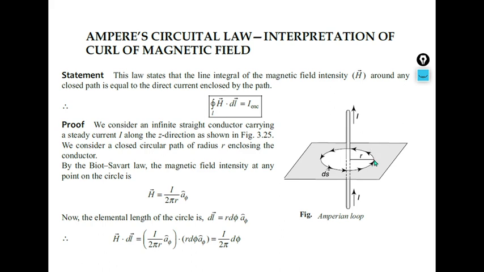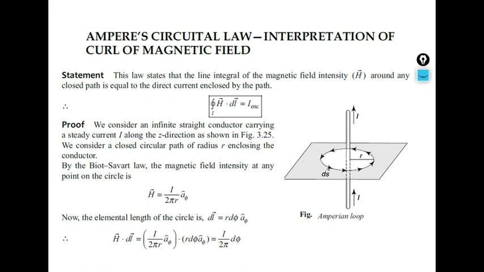If I draw a tangent, then along this direction we will get B or H. Now to prove, we have to find that the closed line integral of H dot dl is equal to I enclosed. That means the opposite thing.